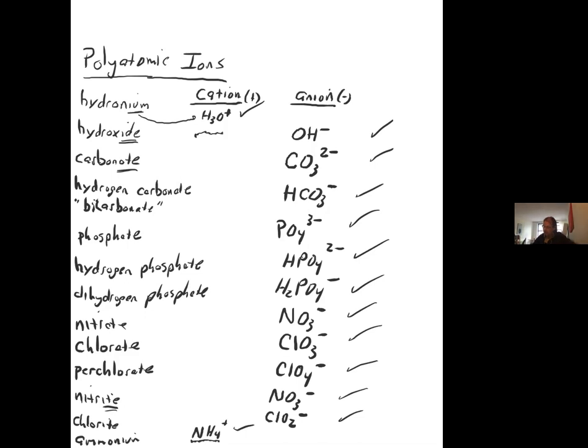Now there's one aspect of these polyatomic ions that I want to show you, which is a pattern. And that is if you have a halogen, so these are the ones with the halogens. There's an interesting pattern.